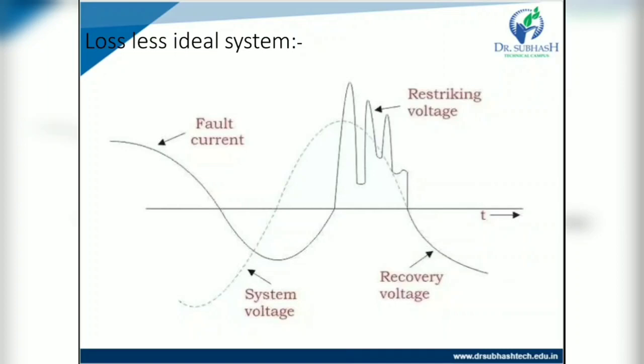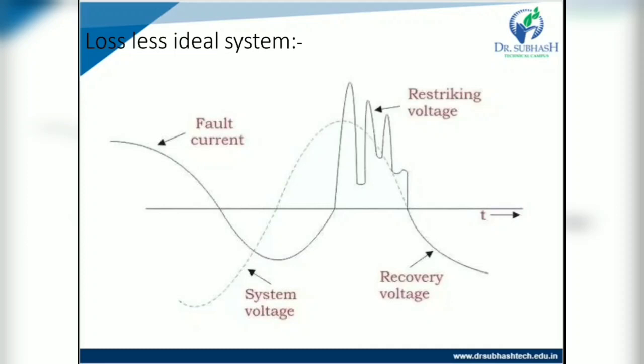So this is the diagram. The first one is the fault current, very high, beyond the limit of the circuit breaker, and the next is the restriking voltage, and the system voltage is the third one. The system voltage and recovery voltage are almost the same.